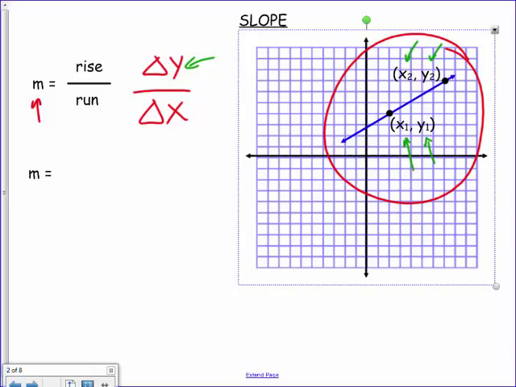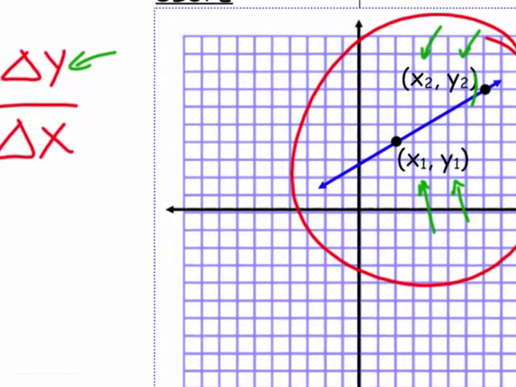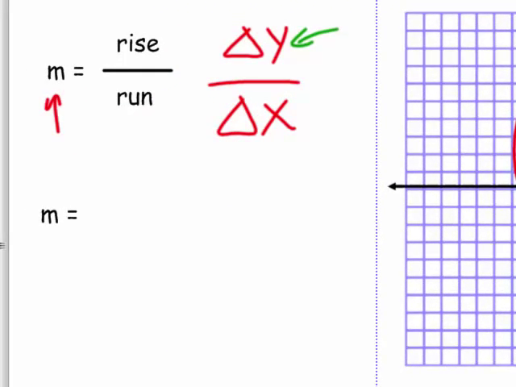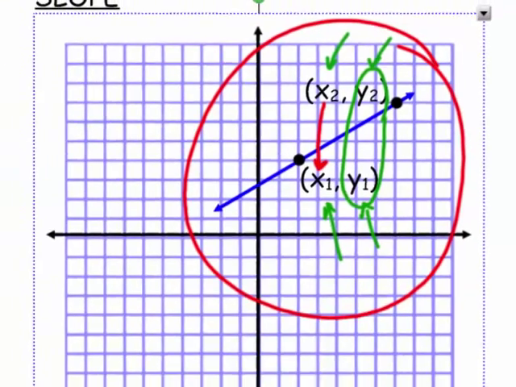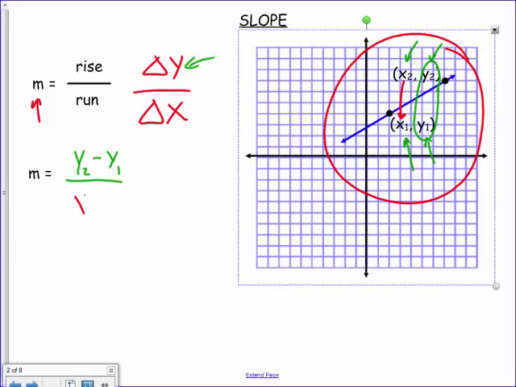So I would subtract my y's. Well, which ones are my y's? y2 minus y1. So that's what I'm going to do on top. I take y2 minus y1, and then I put that over the change in my x's. So I started with y2, so I better start with x2 and subtract x1. x2 minus x1, just like that.